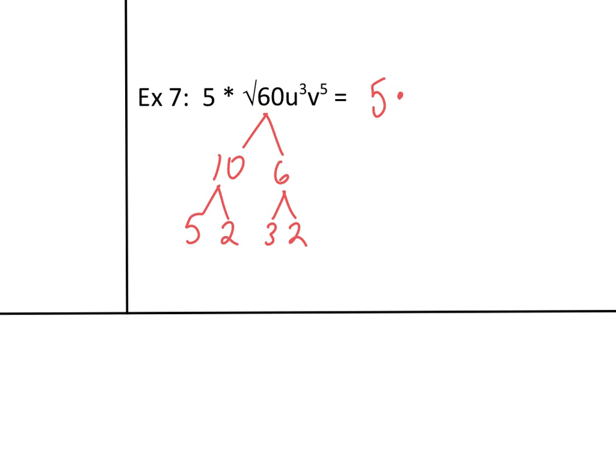Group size? 2. Do I have any groups of 2? What are they? Just one group of 2, right? One group of 2. So far we got 5 times 2. What's left over?